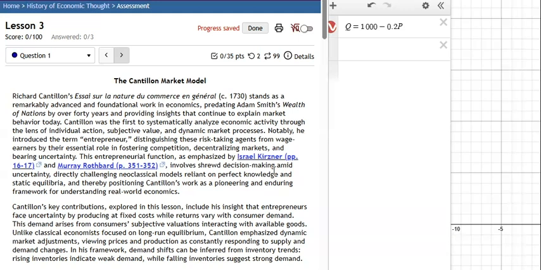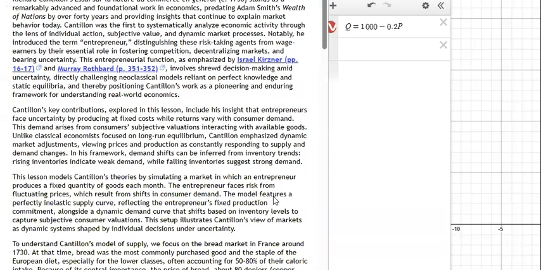This entrepreneurial function involves shrewd decision making amid uncertainty, directly challenging neoclassical models reliant on perfect knowledge and static equilibria, and thereby positioning Cantillon's work as a pioneering and enduring framework for understanding real-world economics.